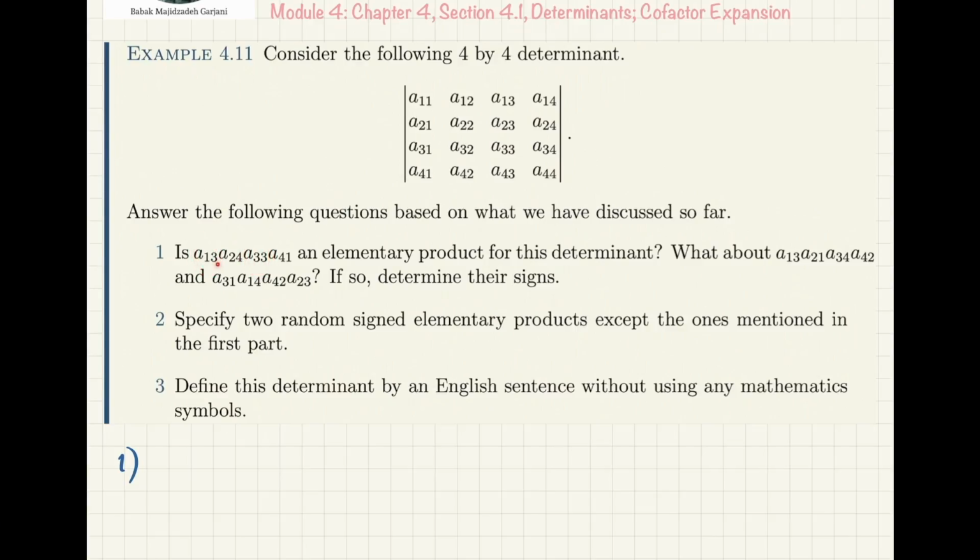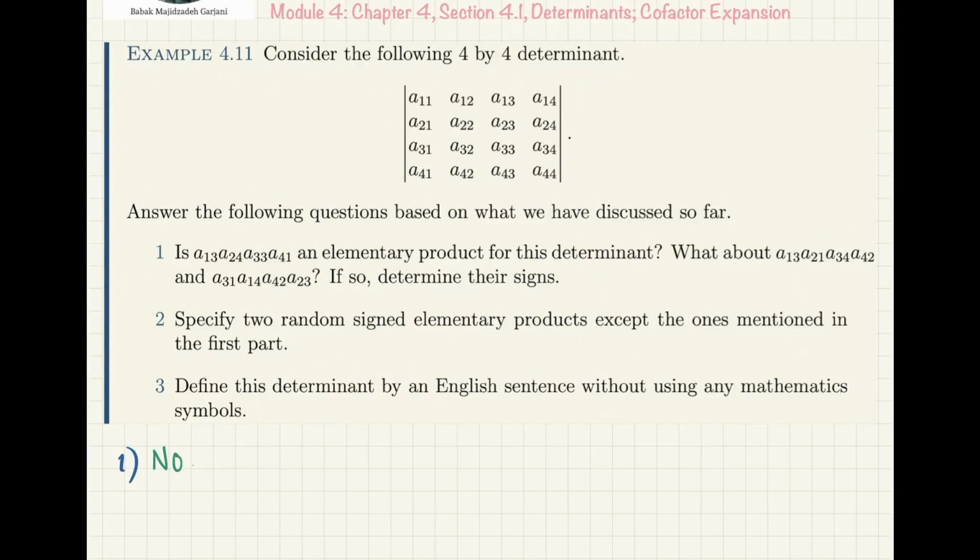You see A13 is here, A33 is also here, and they lie on the same column. But I told you that any elementary product has exactly one element from each row and exactly one element from each column. So what I have written here is not an elementary product for this determinant. The answer is just no.